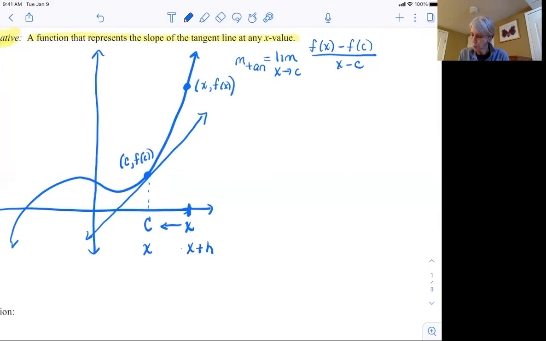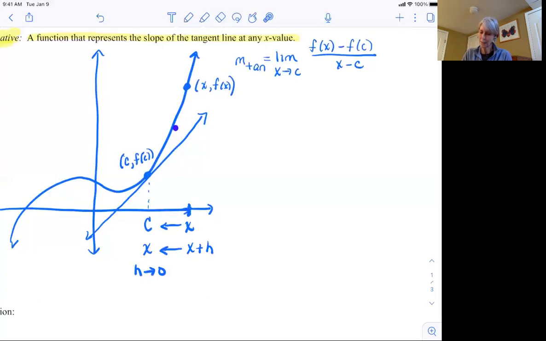So if we move this point closer, this means h is going to 0. For instance, if I start at the point 1 and 1.5, my h value is 0.5. But if I start at the point 1 and go to 1.25, h is getting smaller. So as h gets smaller, the amount we're adding to x gets smaller, and that x value is moving closer.